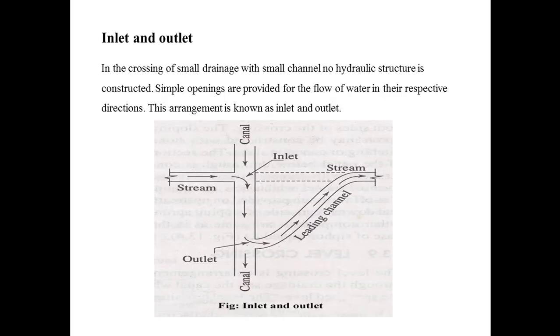At the point of the inlet and outlet, the beds and banks of the drainage are protected by stone pitching. So at this point, this is known as the inlet, and at the inlet point, the stream water or drainage water is allowed to join with the canal water, and up to this point they move in the canal, and at this point a small channel is provided which takes the water from the canal again to the stream.